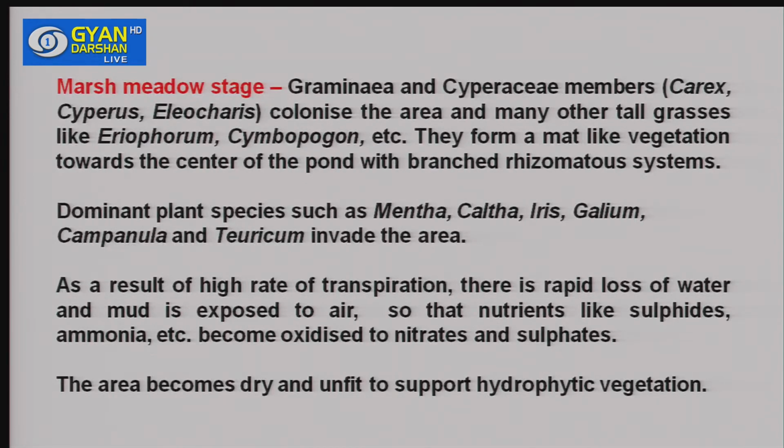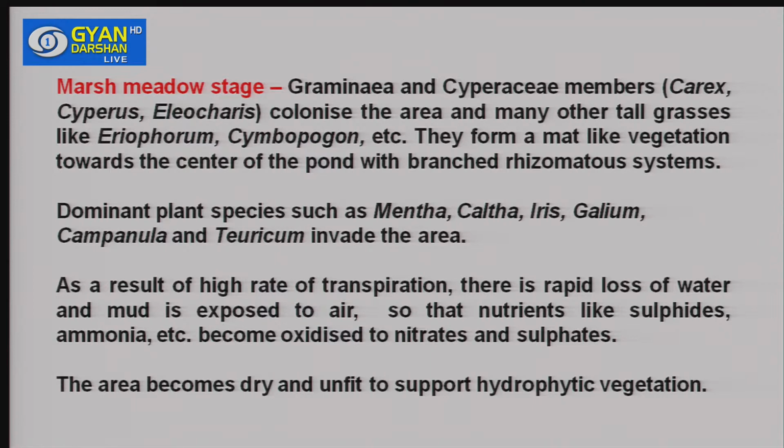Next we come to the marsh meadow stage. Gradually who comes? The grass family members, Gramineae, Cyperaceae, because these are the earlier monocot species. Carex, Cyperus, Eleocharis colonize the area. Ultimately tall grasses, Eriophorum, Cymbopogon, form a mat-like vegetation, like a carpet.